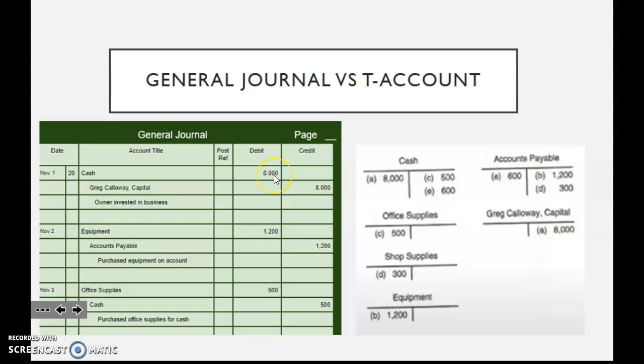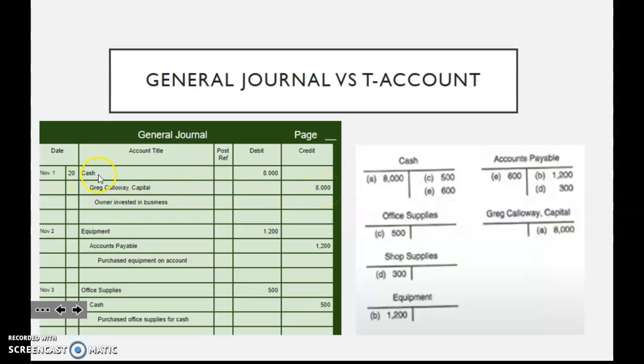So we debited $8,000. Our credit was Greg Calloway Capital, and notice I indented a little bit here. That's just to make it easier when you look at a page that you can find the credits and the debits. So I indented the credit, and then I made a credit into the credit column. I credited capital.